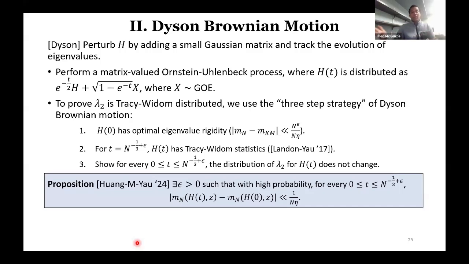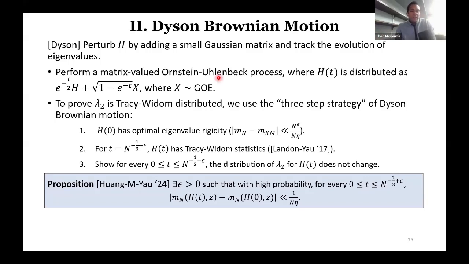And the idea of Dyson Brownian motion is that I'm going to take my fixed matrix, so in our case, just the adjacency matrix, and then I'm going to add a small amount of Gaussian noise. And the idea is to track the change in the distribution as I pass from this original matrix to a small amount of Gaussian noise.